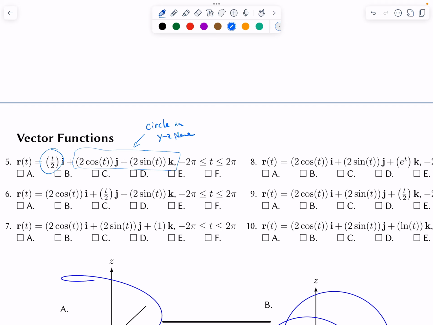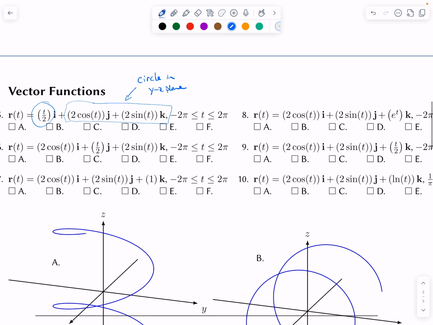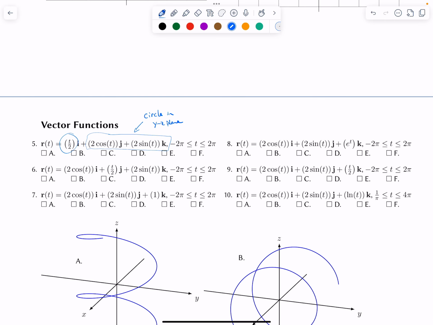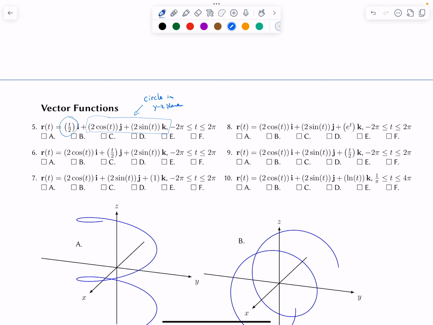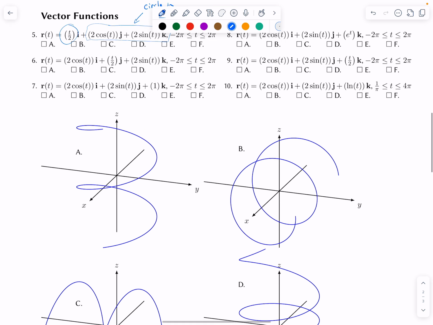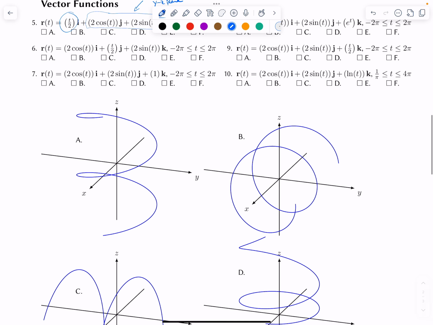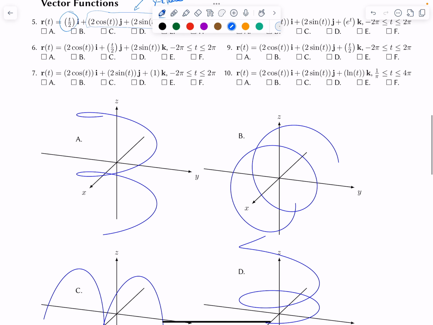Now what's going on here is that while this thing is circling around in the YZ plane, the x value is constantly moving forward, if you will. Remember that in all these graphs, the x is pointing out towards us. The y and the z are in the plane of the page. So the one this is going to match is letter B, because this is the one where you're going around in a circle in the YZ.